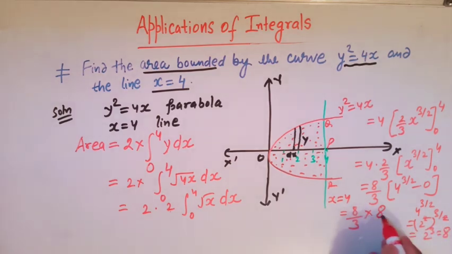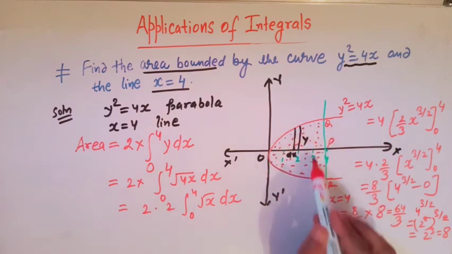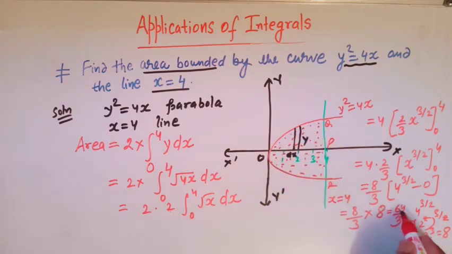So this is 64 by 3, right? So viewers, this shaded area is equal to 64 by 3 square units.